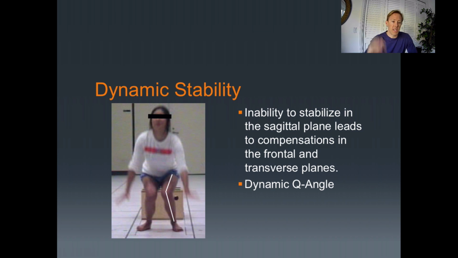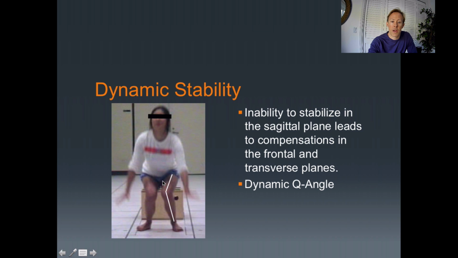So if you think about this individual, if you drew a line from the tibial tuberosity up through the middle of the kneecap, that would point up this direction. And then if you drew a line from the middle of the patella up to the ASIS, there would be a huge angle right here between these two lines.